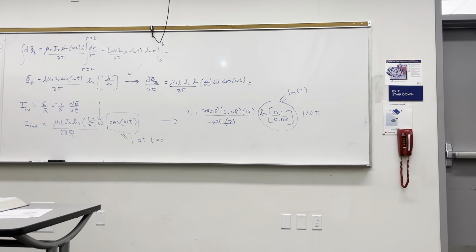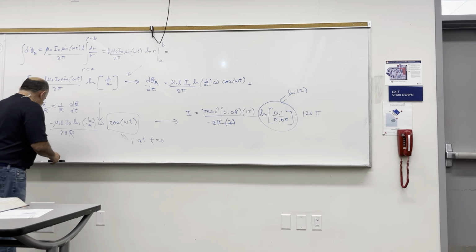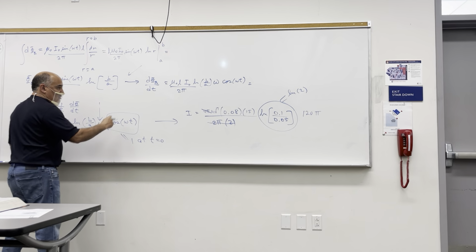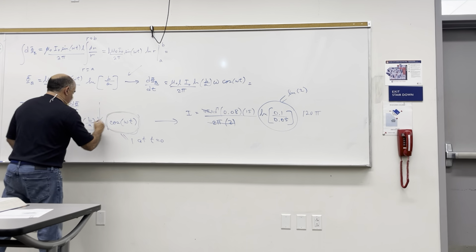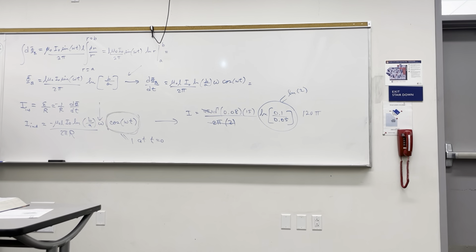And then it says, what is the induced current at t equals 2.1 times 10 to the minus 3? So that's at 2.1 milliseconds. So you just do this thing again. And what you have to be careful is it'll be all of that multiplied by this quantity, evaluated at 2.1 milliseconds.